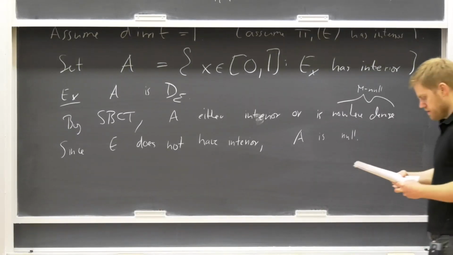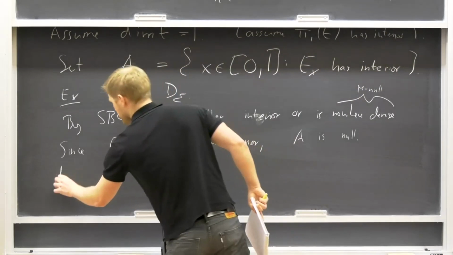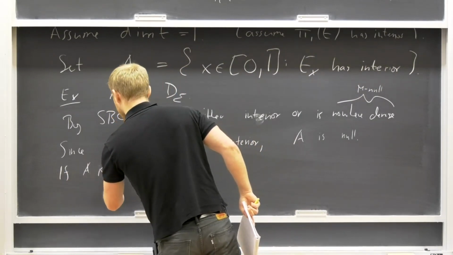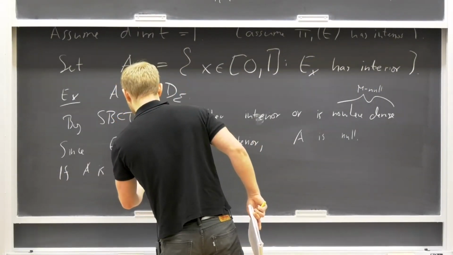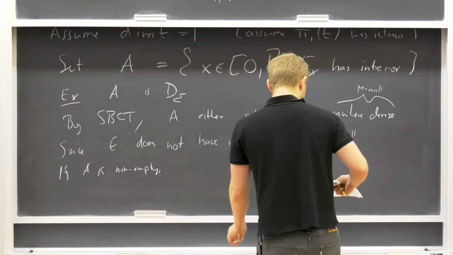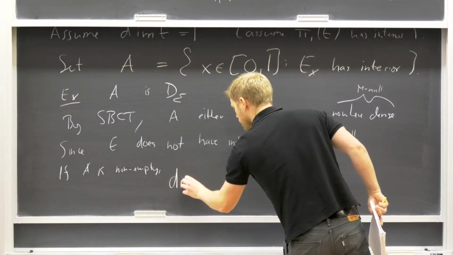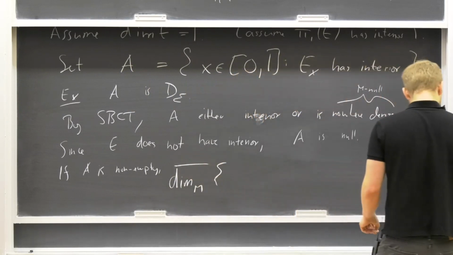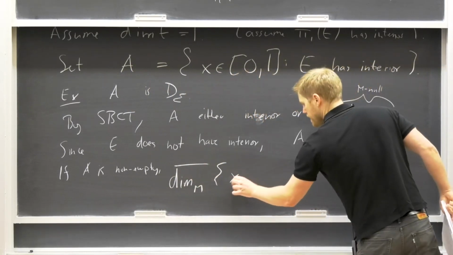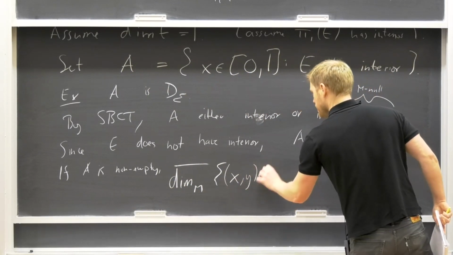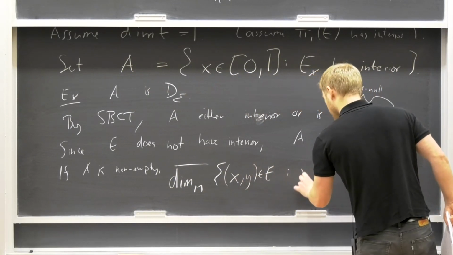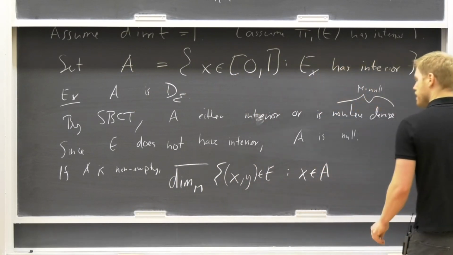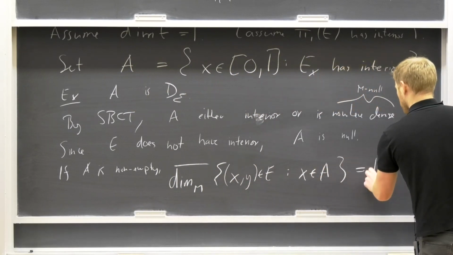So I want to write this here. If A is non-empty, then the Minkowski dimension of everything that lies in one of these fibers that picks up large interior, so all the (x, y) in E such that x is in A, has dimension 1.